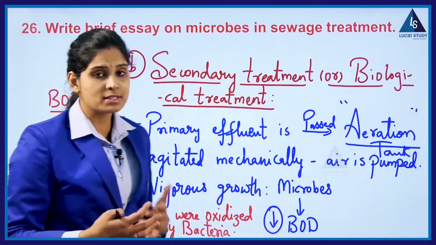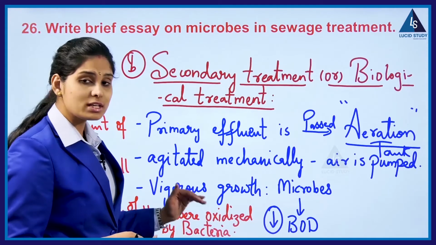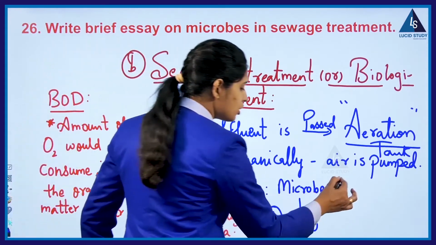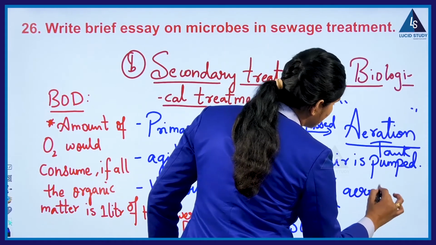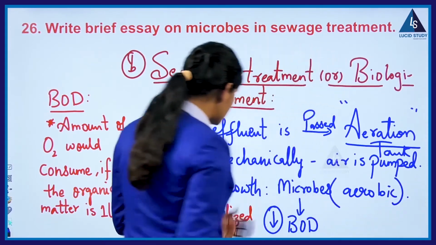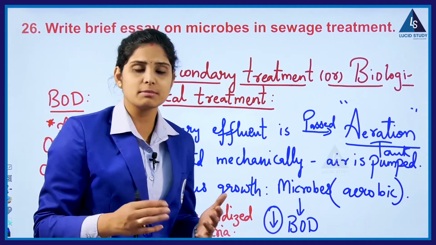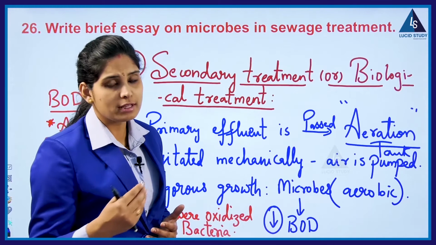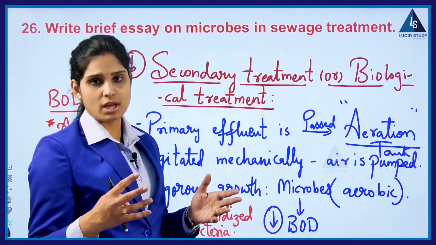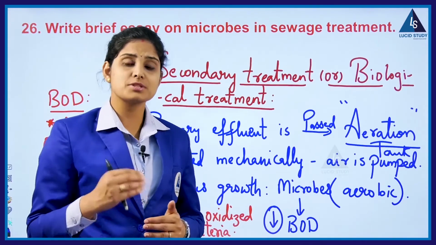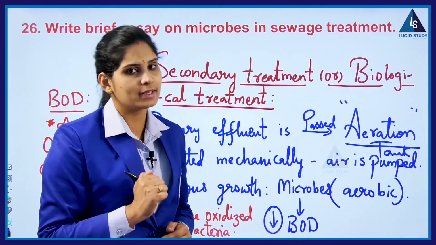Due to this, there is a vigorous growth of aerobic microbes. This leads to the formation of flocs, which are bacteria associated with fungal filaments, forming a mesh-like structure.